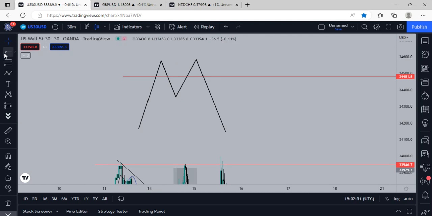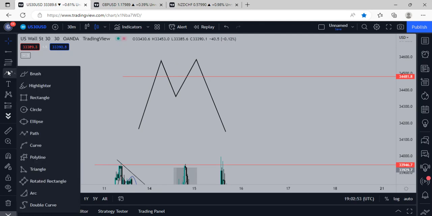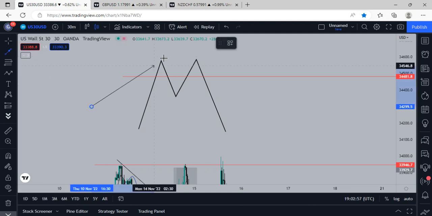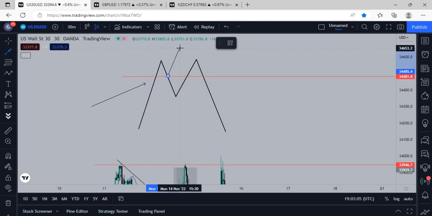Now, people would think that price is going to come, break, then retest, and then head up to the upside. But price doesn't do that, okay?